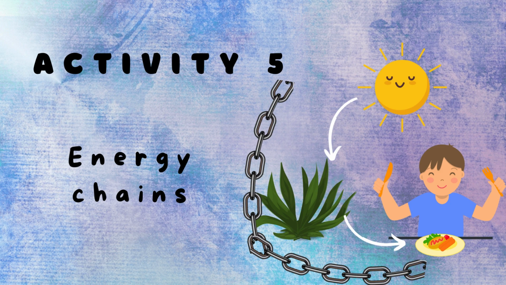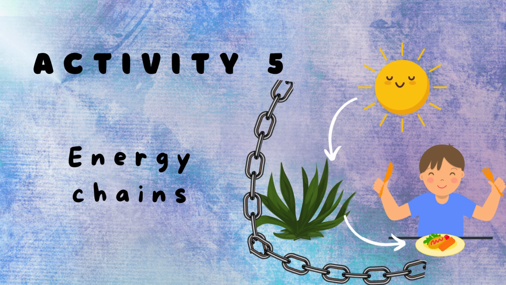So when the plant takes this energy, it converts it into chemical energy stored inside the plant, and then the human eats this plant, as he eats vegetables or fruits, or an animal eats this plant.